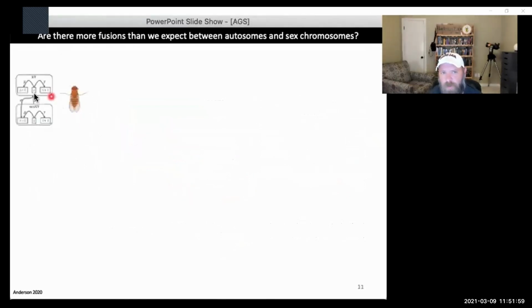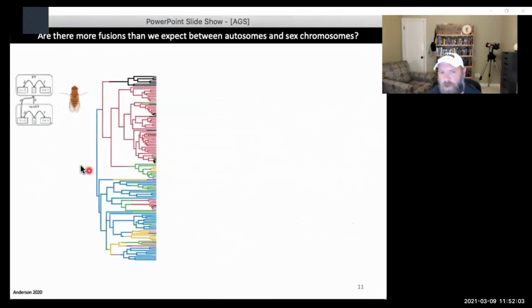So once we had developed this process of doing this, we then went to test it empirically, and we went to Drosophila. And so we applied the Markov model that I showed you, and we used a large phylogeny that includes both of the major suborders of Drosophila, and we can reconstruct the evolution of karyotypes across this phylogeny, where we have anywhere from 3 to 6 autosomes, and we have both an XY and a neo-XY sex chromosome system.